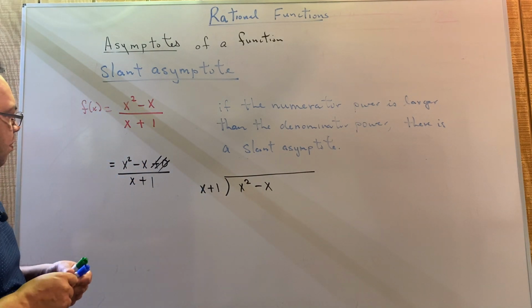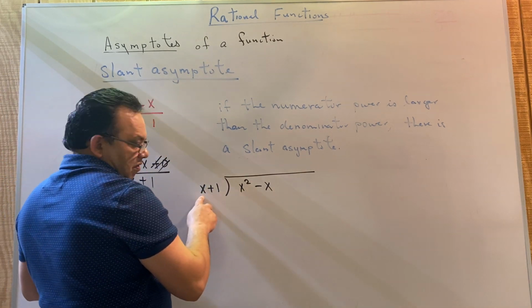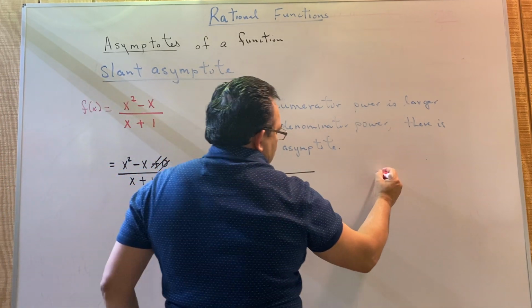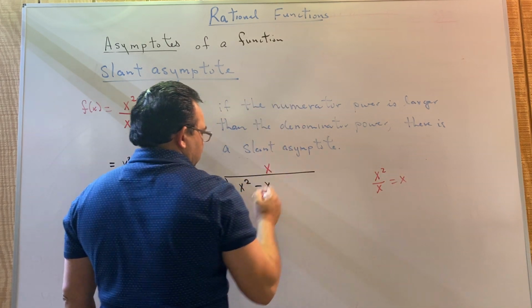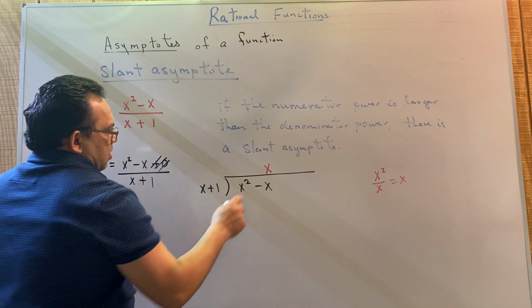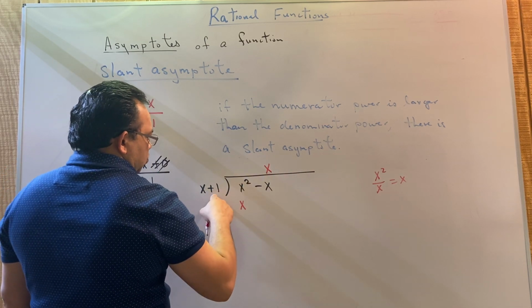And remember how we perform long division, right? What is x squared, only the first term, divided by the first term on the outside? x squared divided by x is equal to x, and we write it above the x term. Then x times x, x times 1.